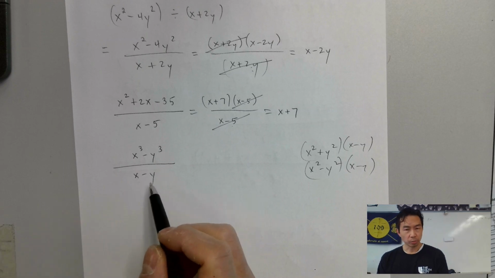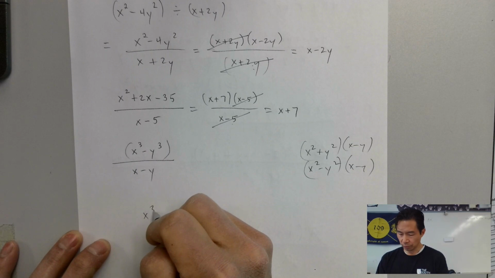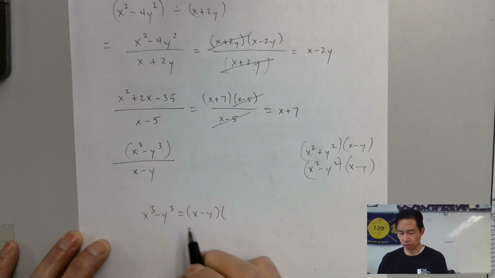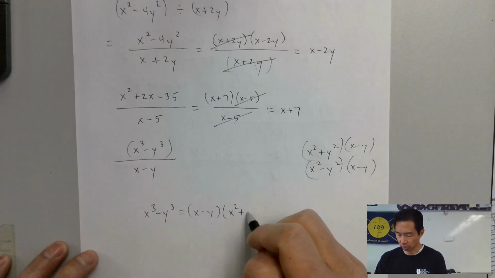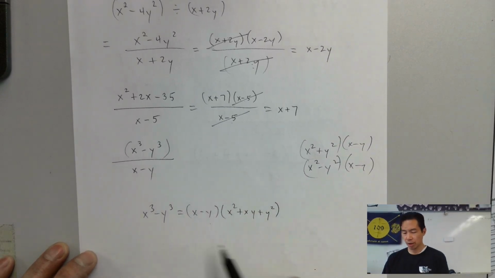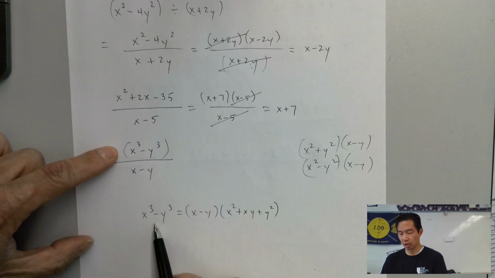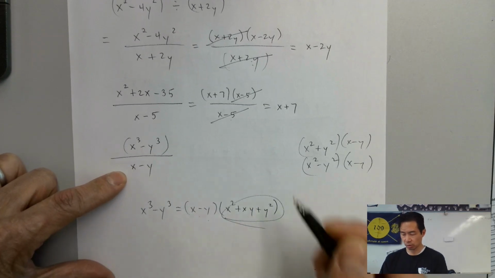You should by now be able to recognize that this is a pattern, a polynomial pattern that I've given you. It is difference of cubes. And since difference of cubes has a factoring pattern of x minus y, lo and behold, it's right there, times x squared plus xy plus y squared, then that must mean that if you divide x cubed minus y cubed by x minus y, the result would be this factor.